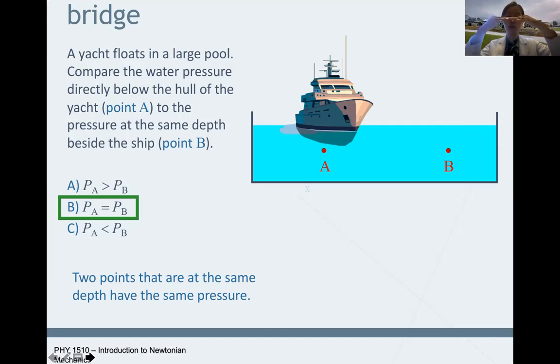So now A and B, compared to when there wasn't a boat, are at a deeper distance from the surface of the water, because when you add a boat, the water level rises. That affected both A and B at the same time. Then all you care about is whether they have the same depth, and if they do, they have the same pressure.